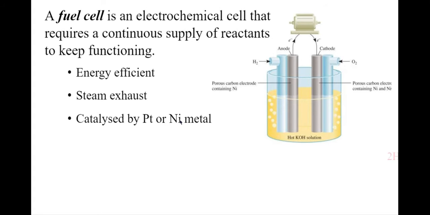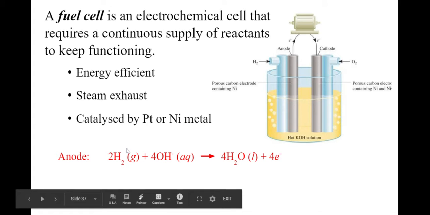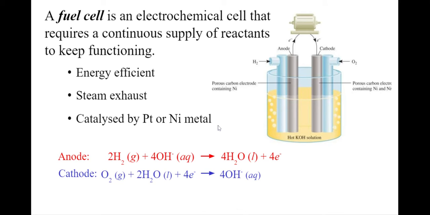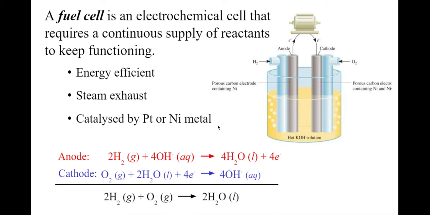Your anode is hydrogen gas, and your cathode is oxygen. Overall, you're getting the so-called combustion of H2, but you're technically not burning it; you're allowing it to undergo that electrochemical process, pretty much on the surface of a metal. And again, that difference in voltage, or the cell potential, is enough to drive this.